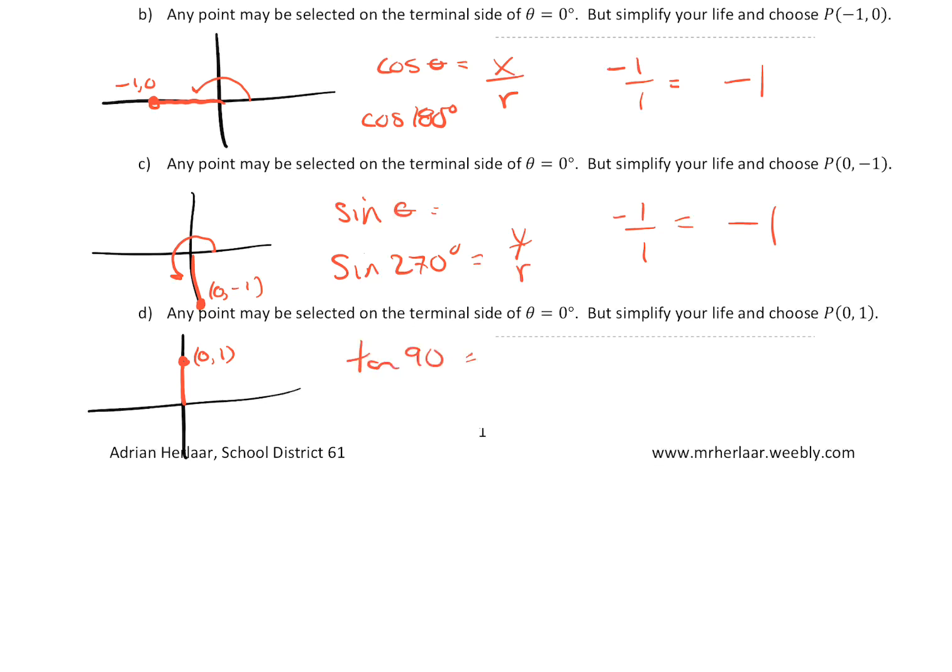Tan 90 is equal to y over x, opposite over adjacent, but in this case we have tan of 90 is equal to 1 over 0, and that is not allowed, can't divide by 0, so tan of 90 degrees is undefined. And if you continue into Pre-Cal 12 and you start graphing these trigonometric functions, you see some pretty interesting stuff that goes on at that undefined value for tan. Great.